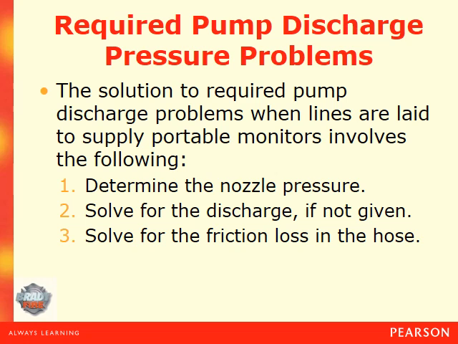The solution to required pump discharge problems with lines that are laid to supply a portable monitor involves the following. First, determine the nozzle pressure. Second, solve for the discharge, or gallons per minute if not given, and then solve for the friction loss in the hose.